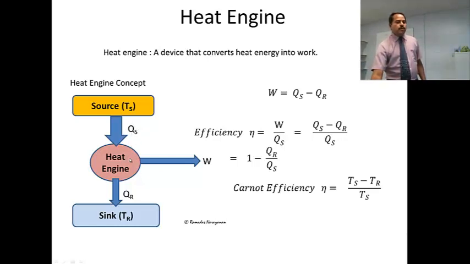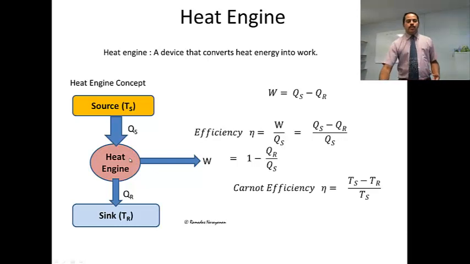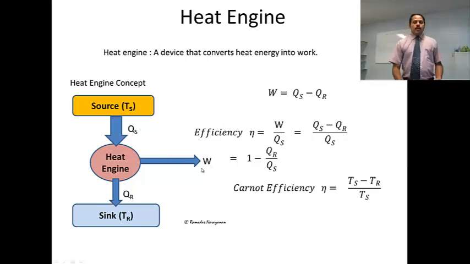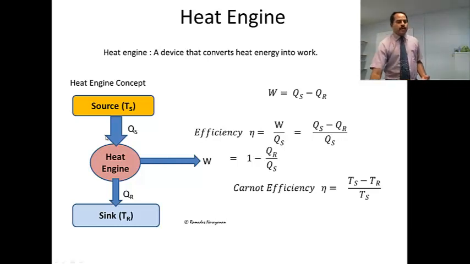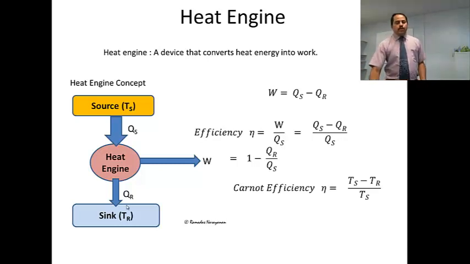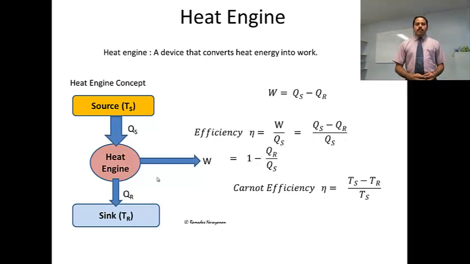It converts part of the supplied heat into mechanical work, that's W, and the rest of the heat is lost to a heat sink, which can be the surrounding atmosphere. So always the heat engine converts part of the supplied heat into mechanical work.